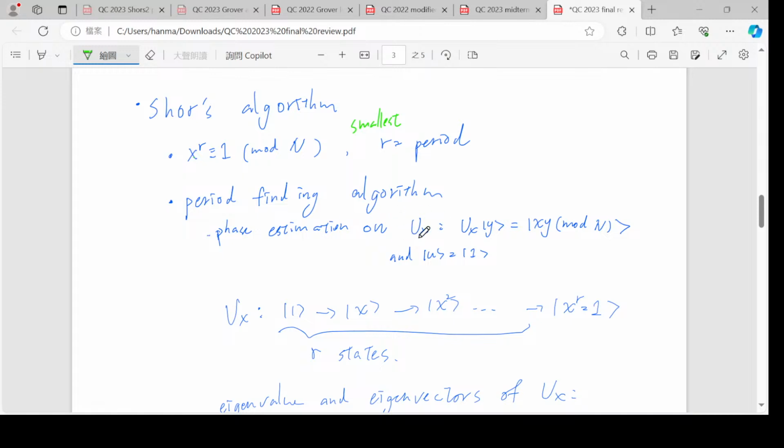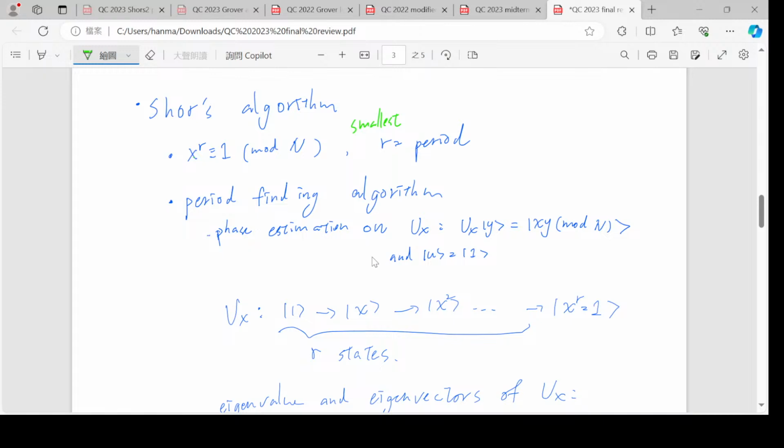This U sub x is a unitary that says you multiply things by x. So U_x acting on some computational basis state y will become xy mod N. It is unitary if x is coprime to N.